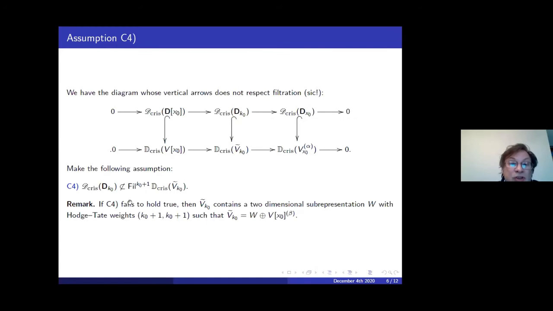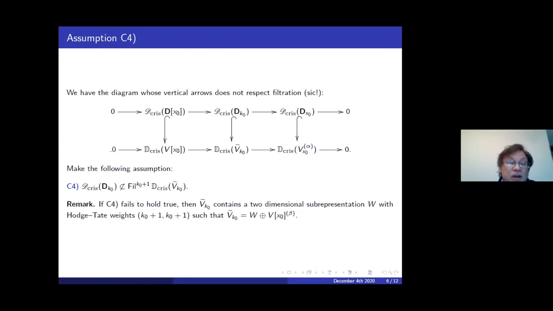So our assumption is that the crystalline module of Dk0 is in some sense in general position with respect to the Hodge-Tate filtration on D cris V tilde K0. So we assume that D cris Dk0 is not contained in this filtration term of D cris V tilde K0.